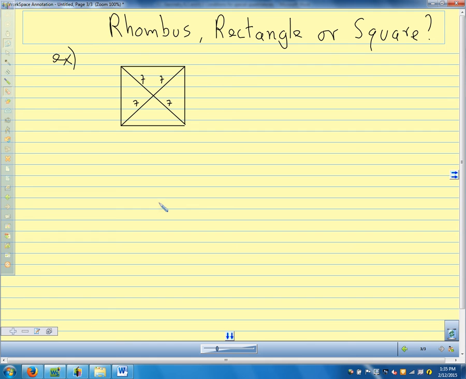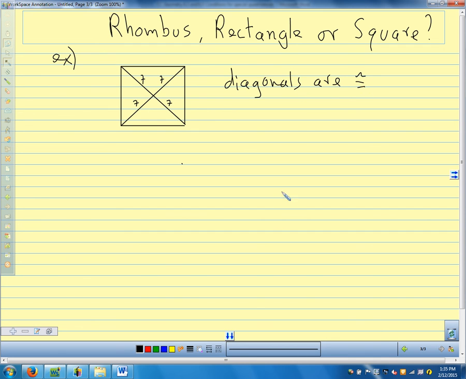So what piece do we have information about there? We have the length of the segments, which are the what of the shape? The diagonals. What do we know about the diagonals? They're equal. They're congruent. So the diagonals are congruent.